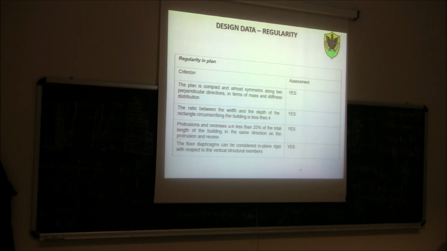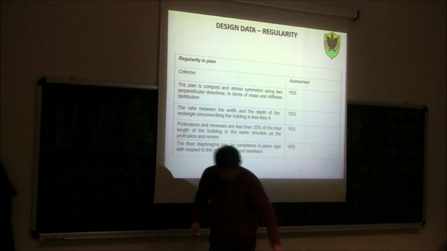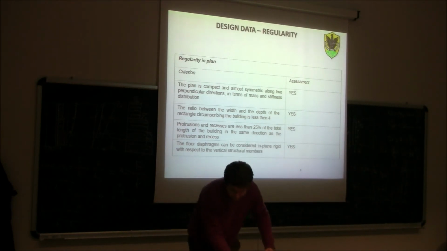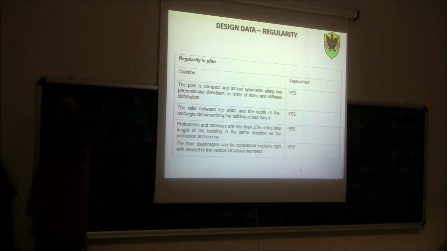Then protrusions and recesses are less than 25% of the total length of the building in the same direction as the protrusion and recession. In other words, you can't have, let's say, a balcony which is too big compared to the side. So I can't have something like this. Okay. Or something like this, okay?